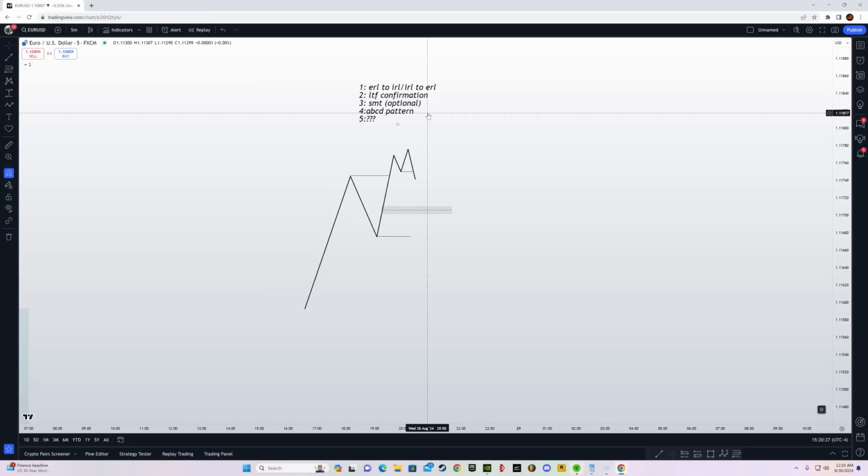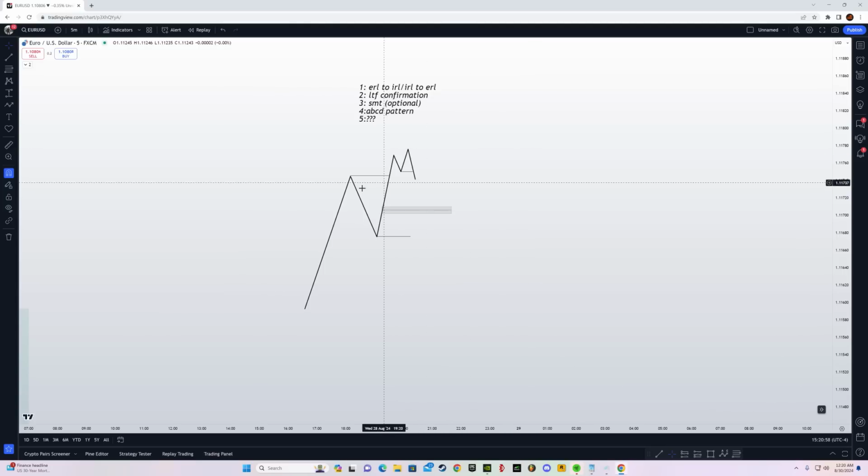So if the order flow is weak, right, and I am not quite sure about the direction of the market, I'm going to use SMT for extra confluence, right? So I will look for SMT around these highs, or I would look for SMT on the daily time frame, so around here when the external range liquidity was taken out. What it does is it basically just extra confirms your idea, your trade.